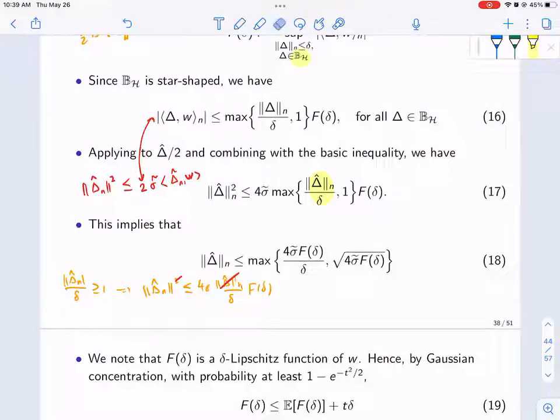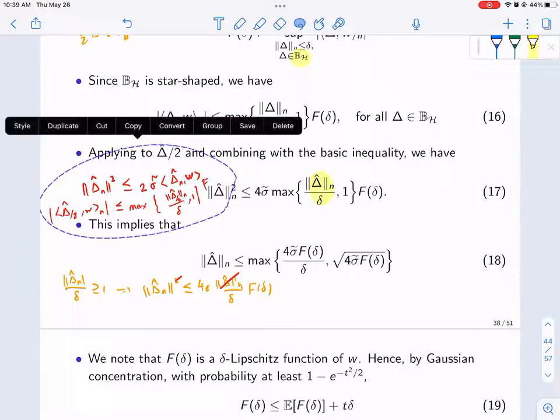And I also know that delta hat divided by 2 wn from that result above is less than the max of delta hat n divided by 2 over delta and then 1 times f delta.